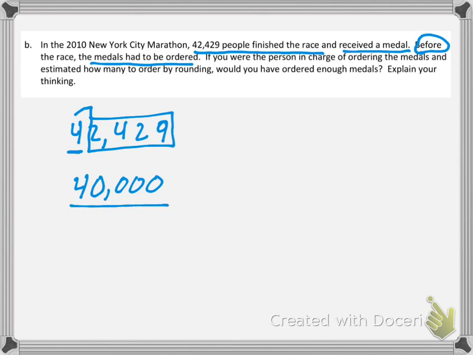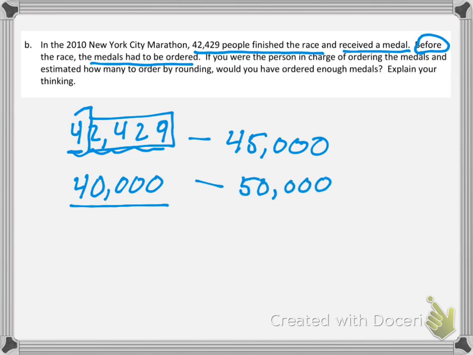So in this case, we would have to break the rounding rule because we want to make sure that we have enough medals. We would want to be as close as we can to this number. So maybe we would round to 45,000, or just to be on the safe side, 50,000.